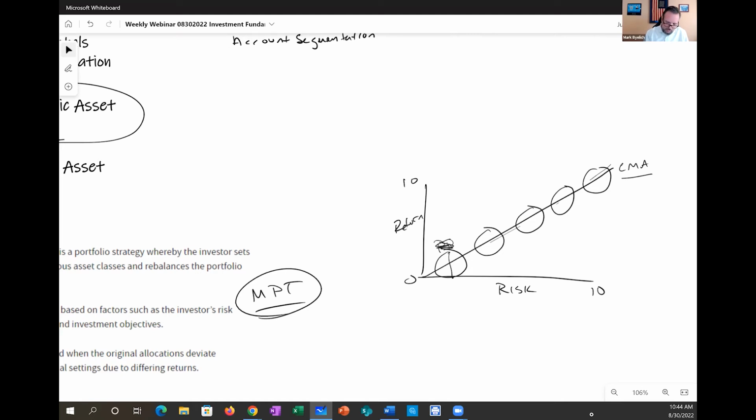So I don't want to use principal protection because it's a little different. This will be your most conservative portfolio over here, because you're probably at like a 2% return for a 2% risk here. And then as you go further out on here, let's just say you're at a 4 and a 4, and these aren't the exact numbers. I'm sharing very basic fundamentals with you.